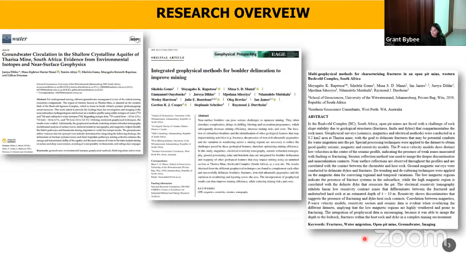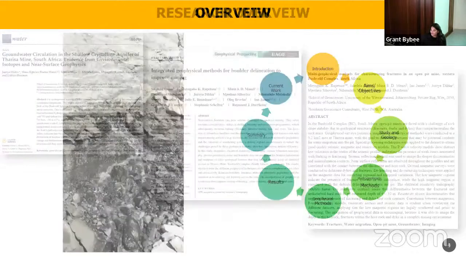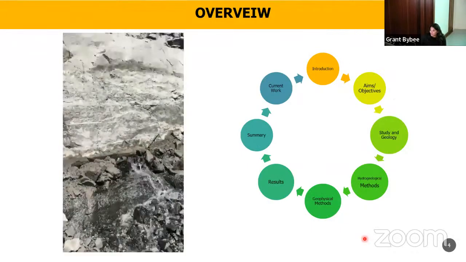This paper was published in conjunction with two other papers, one by Sikelela Gomo on integrated geophysical methods for boulder delineation, and then our very own Kenneth Rapetswa, who now has a paper in review trying to map some structures and fractures.